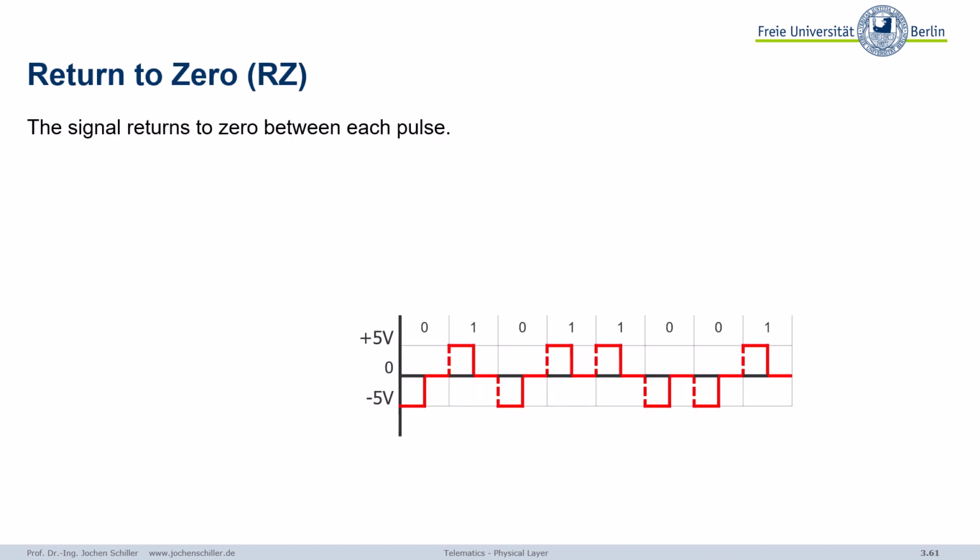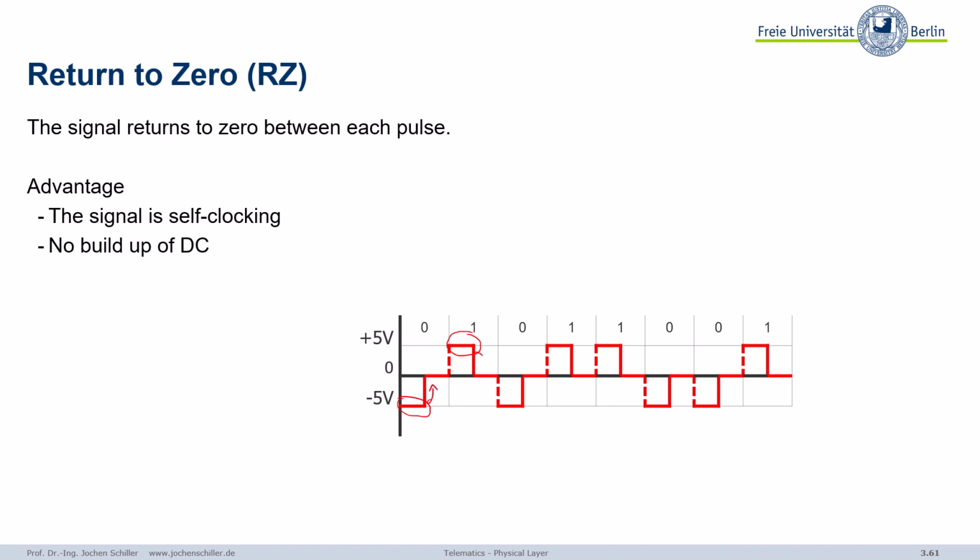So there are other ways of doing it, so-called return to zero codes. So what does it mean? The signal returns to zero between each pulse. These signals are self-clocking. So what does it mean in our example here? A 0, for example, is minus 5 volts, and then we return to 0 volts.